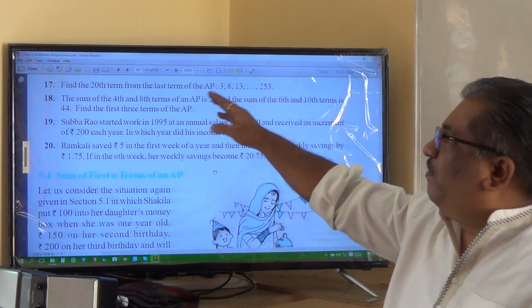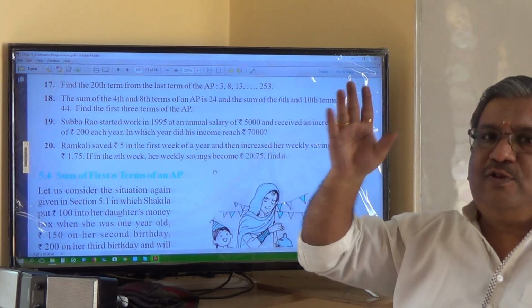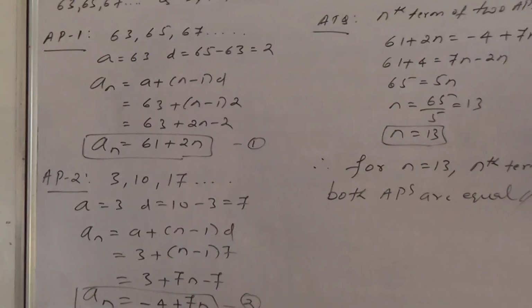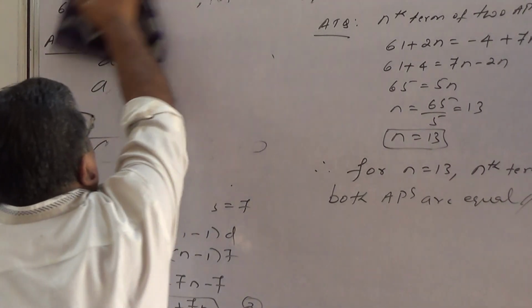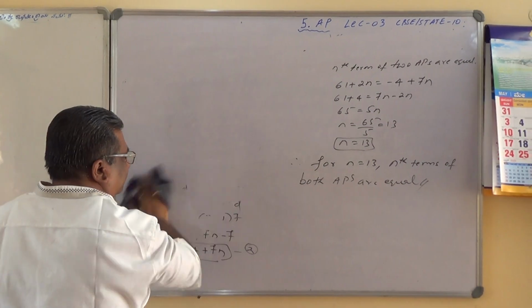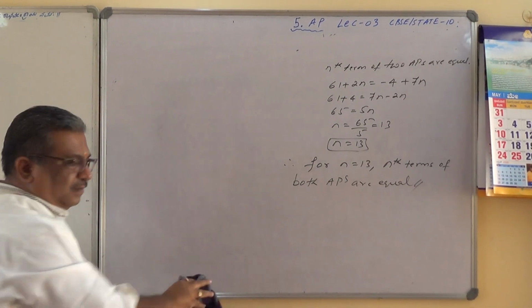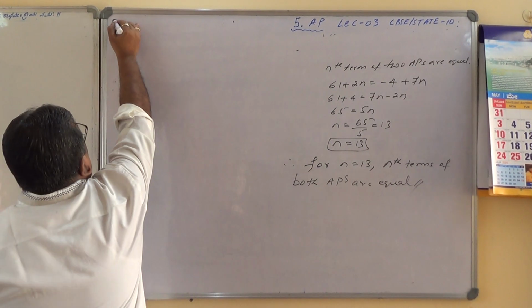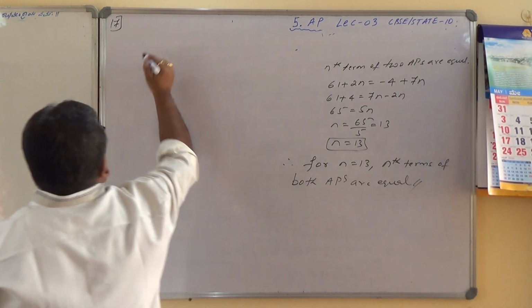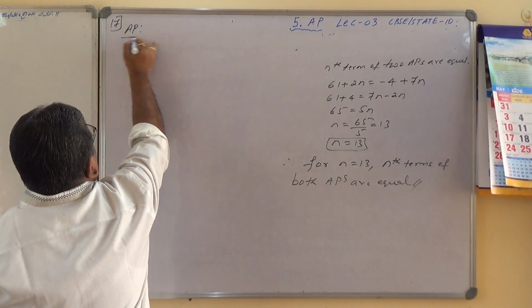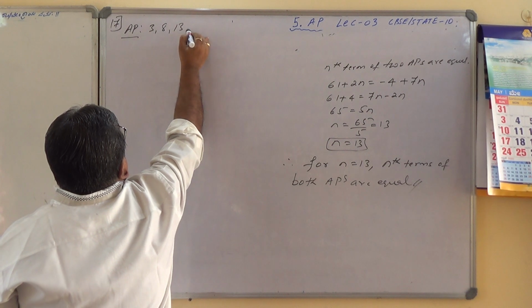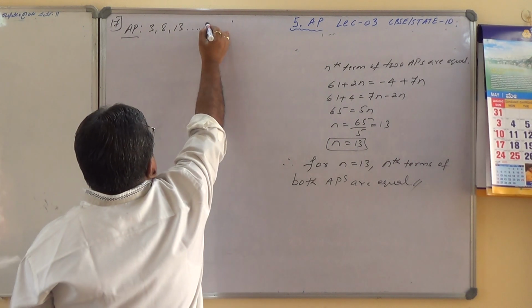17th I will solve. Find the 20th term from the end. I will use both methods and try to solve this one. The AP given to us is 3, 8, 13, and so on up to the last term 253.